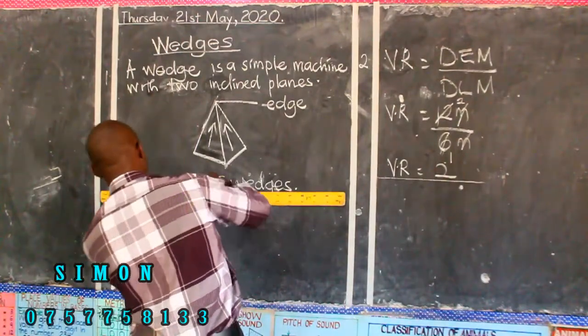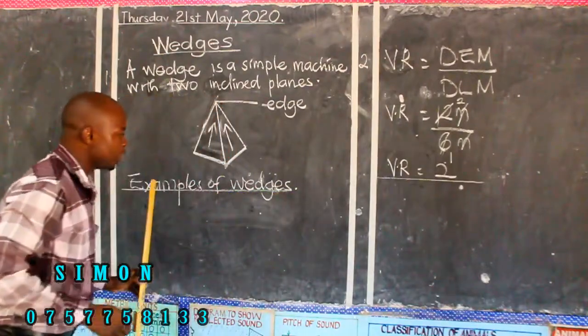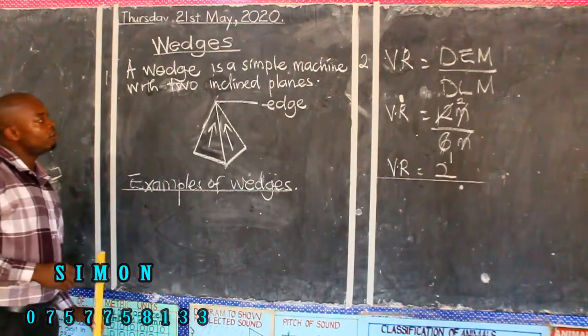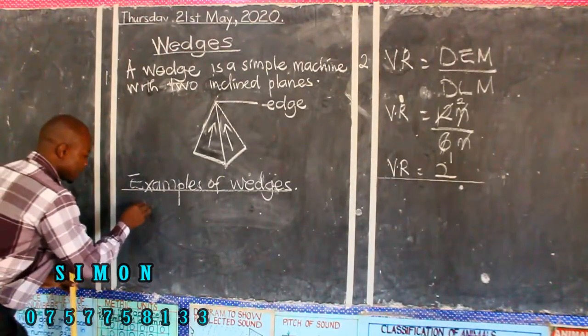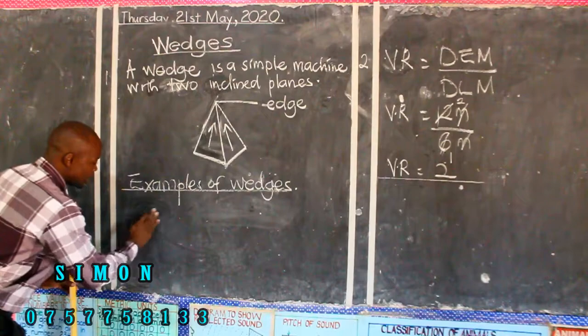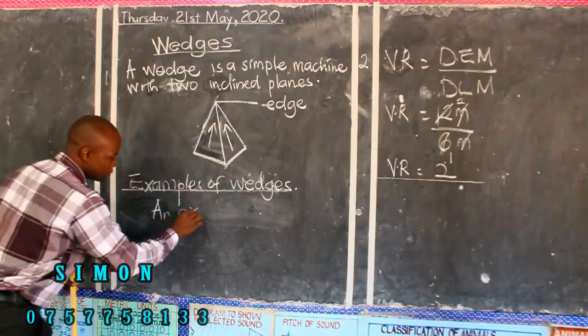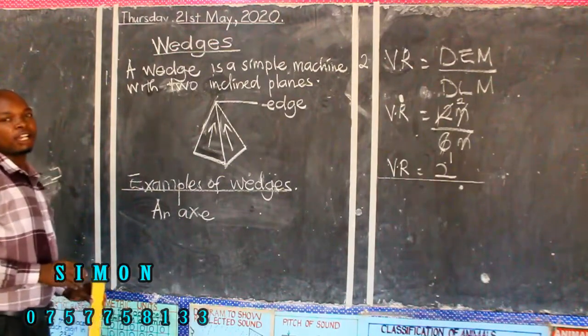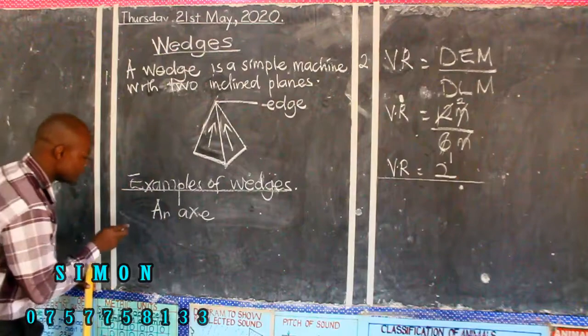After seeing the meaning of the word wedge, sloping surfaces forming an edge. 1. I know the commonest and the one you know at home is an axe. When you look at an axe, it has two sloping surfaces forming an edge.